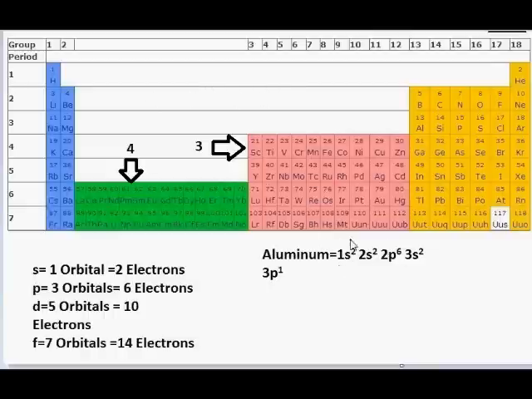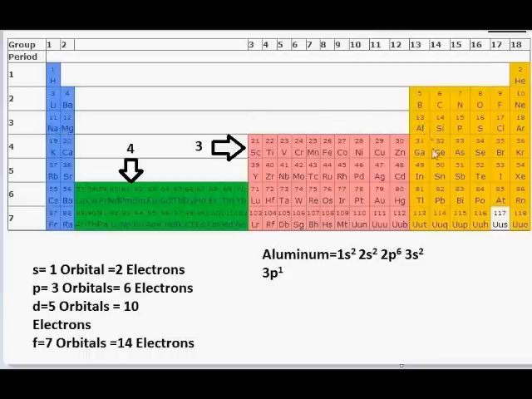Then we move down to the 2s sublevel, and again write 2s2 since this sublevel will be filled. And then we write the 2p6 for the same reason. Then we'll write 3s2, and then finally 3p1.